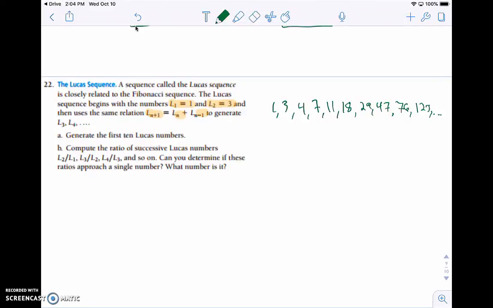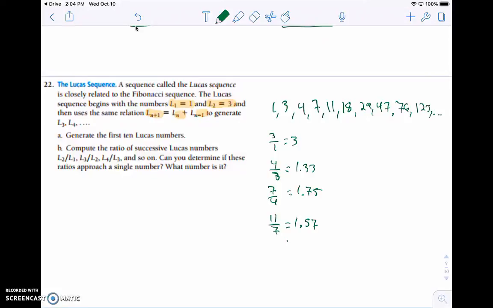And if you start dividing these out, so if you take 3 over 1, that's 3, then 4 over 3, that's 1.33, and then 7 over 4 is 1.75, and then 11 over 7 is 1.57.